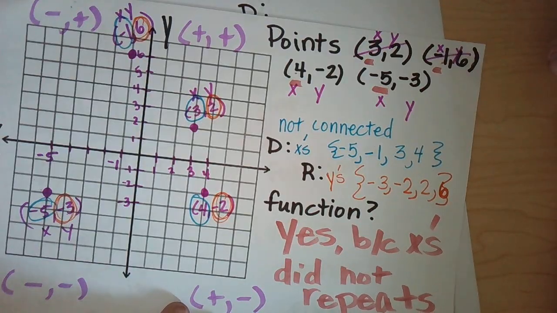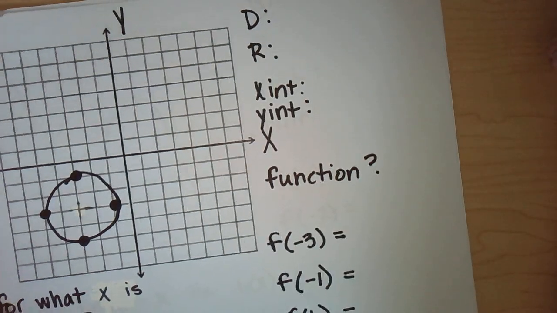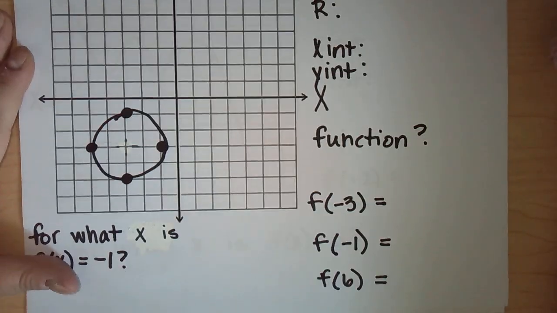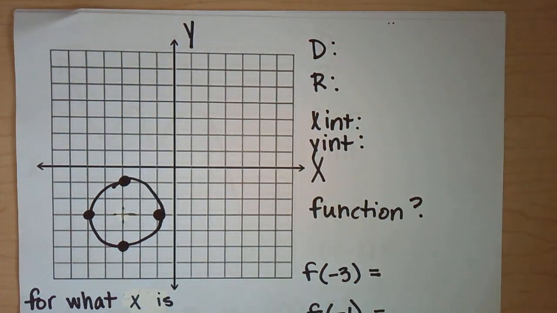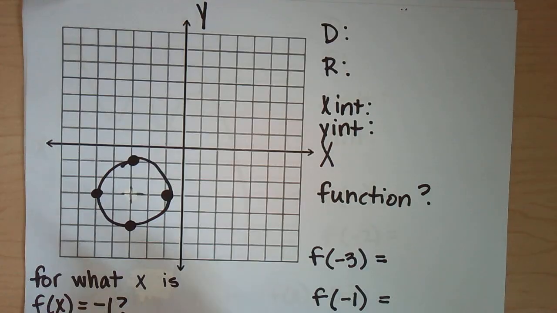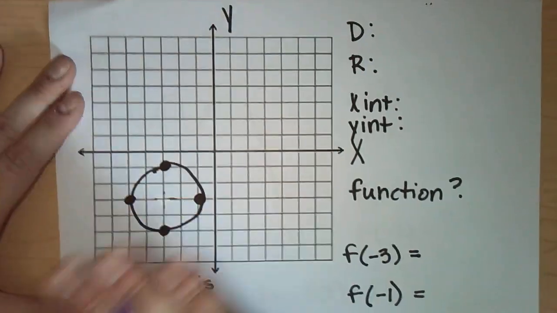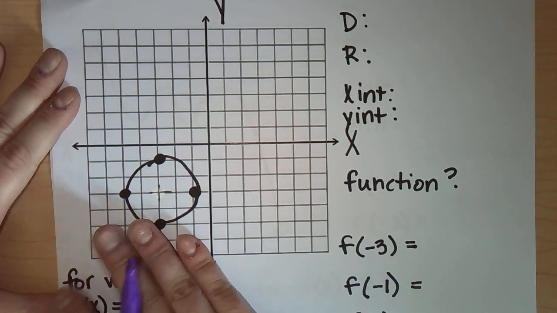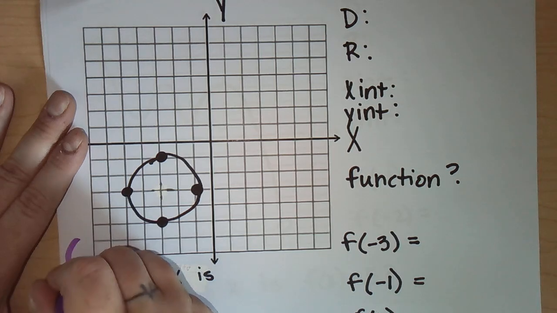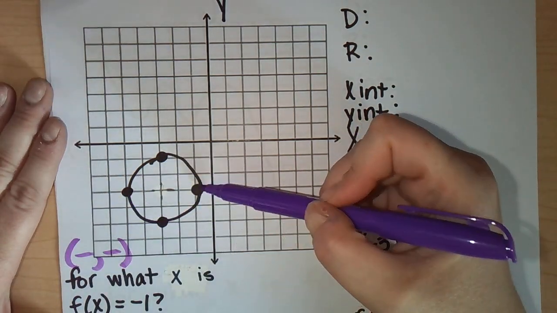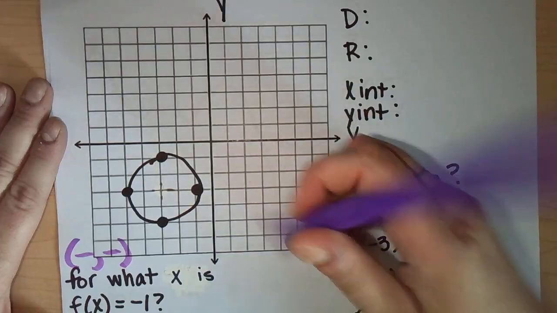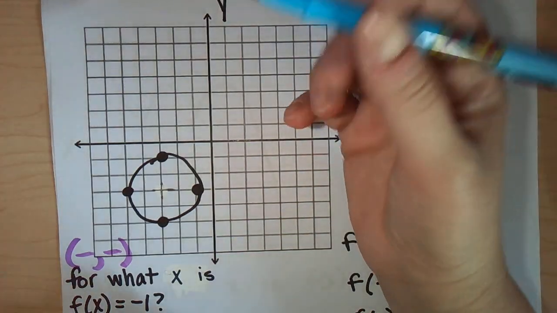Okay, another one. Let's look at this little Stewie. Okay, it says domain and range. Well, this is where we have to count where our points are. So in this bottom left quadrant, everything is negative, negative. So every single number for these points is going to be negative. Okay, let's see what they are.